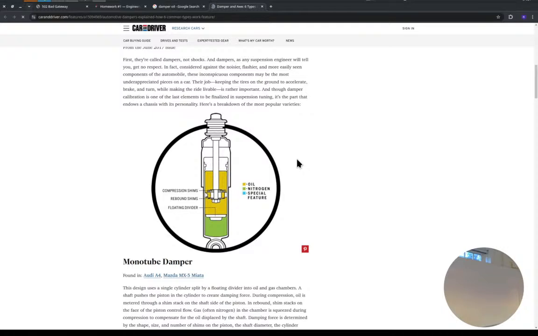It could be anything, like water, oil, air. It could be an air damper. And then there's something that's going to move through the oil. The more holes I put in it and the bigger area that the oil can pass through, the less damping it has. The more I constrict the fluid to go through that kind of orifice that's in there.